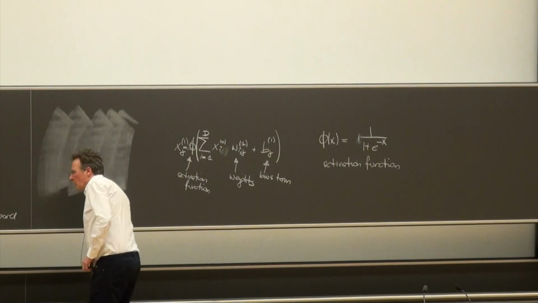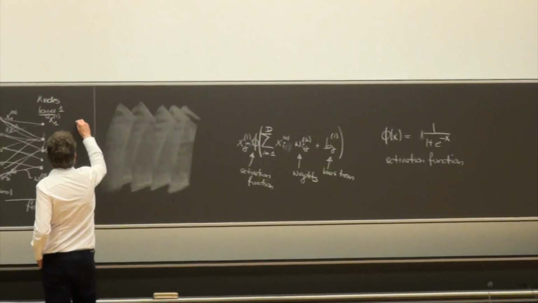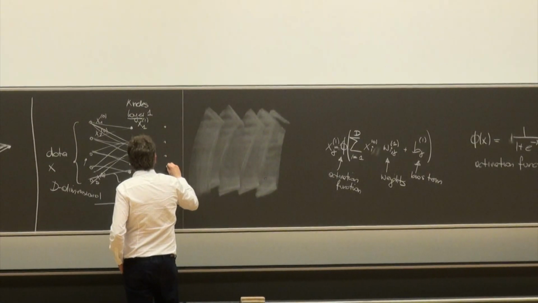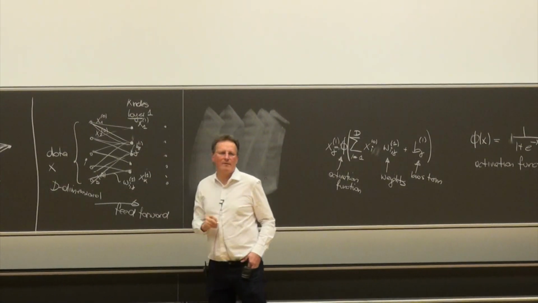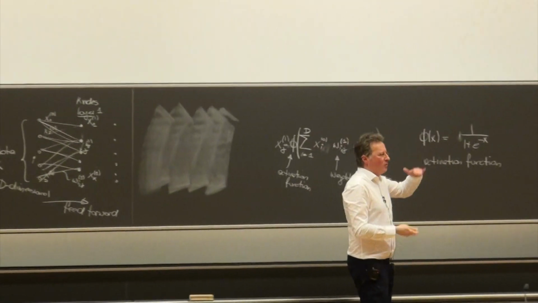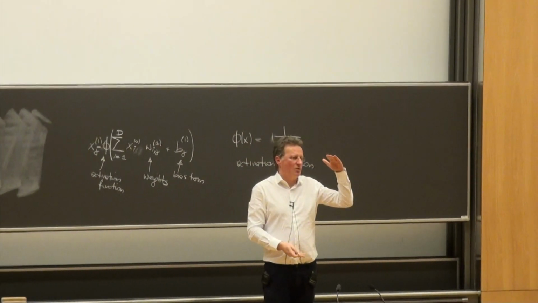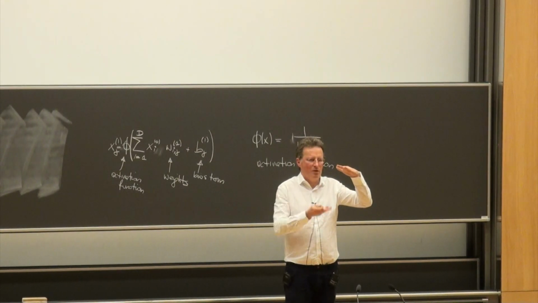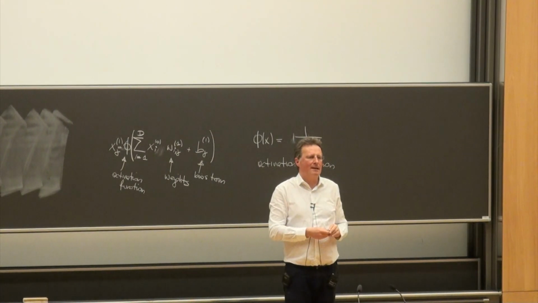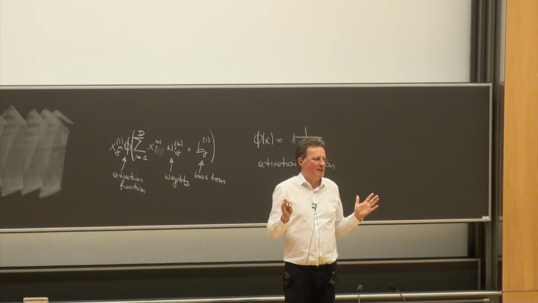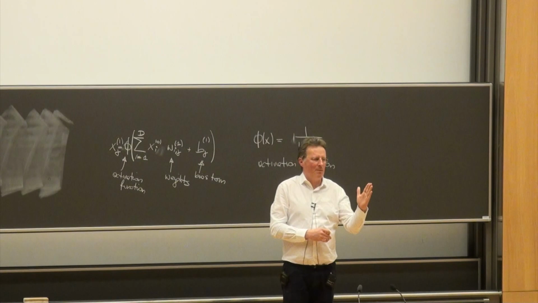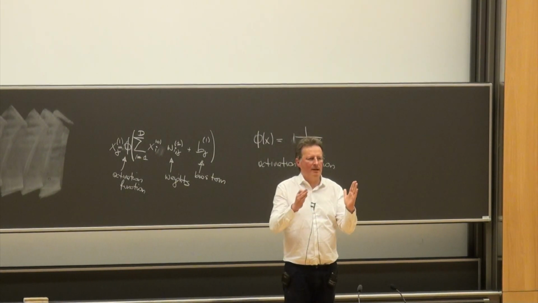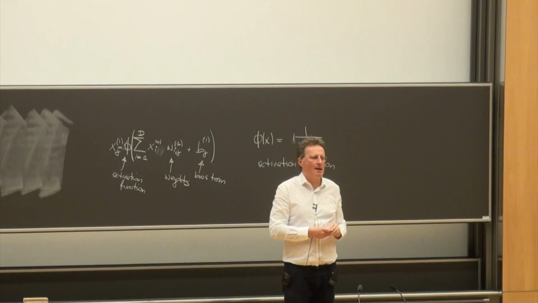Good, so this was the first layer, and now I go on and have various layers. These layers don't have to have the same width; they could all have different widths. They don't have to have the same connectivity pattern; we'll learn of variations where they're not fully connected. They don't all have to have the same activation functions, but in the simplest case, assume they all have the same activation function, they're always fully connected layers, and always, let's say, width k.